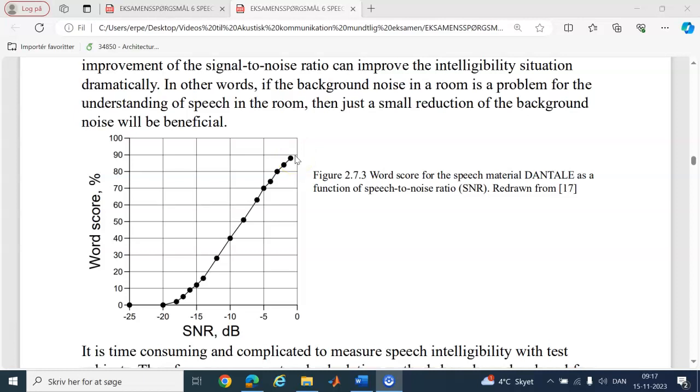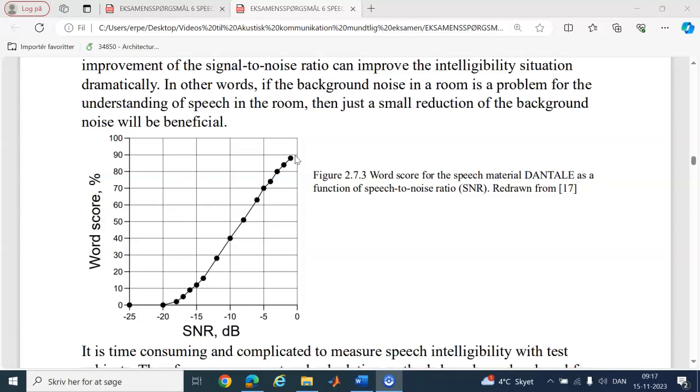If you just raise your SNR by 10 dBs, for instance from minus 15 to minus 5 dBs, then the score will increase from 10% to 70%.